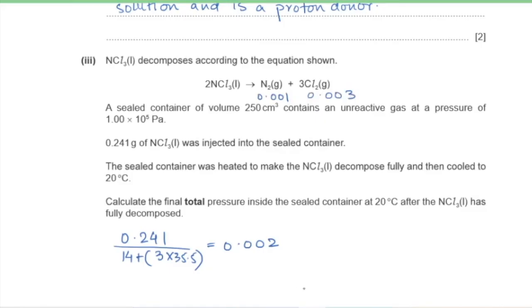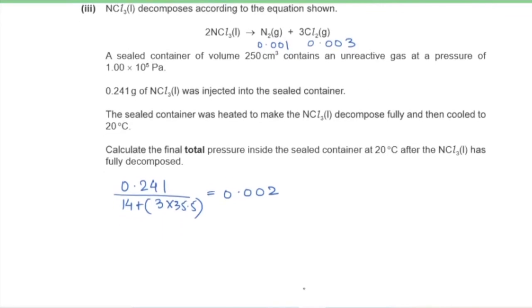Now, the increase in pressure, we are going to be using the formula PV equals nRT. So the increase in pressure is going to be equal to n, the number of moles of the total gases that are being produced, which is nitrogen and chlorine. So 0.001 plus 0.003, that's 0.004, times R, that's 8.314, times the new temperature, which is 20 degrees Celsius, but we have to take the temperature in Kelvin, so that's 293 kelvins, divided by the volume, the total volume of the gas, which is that of the sealed container, and that is 250 centimeter cube.